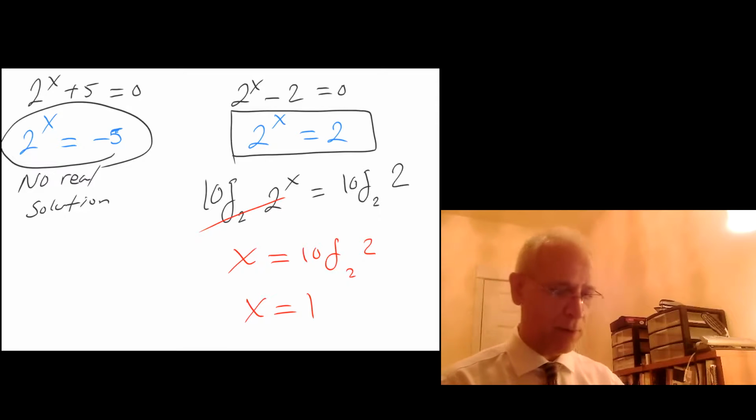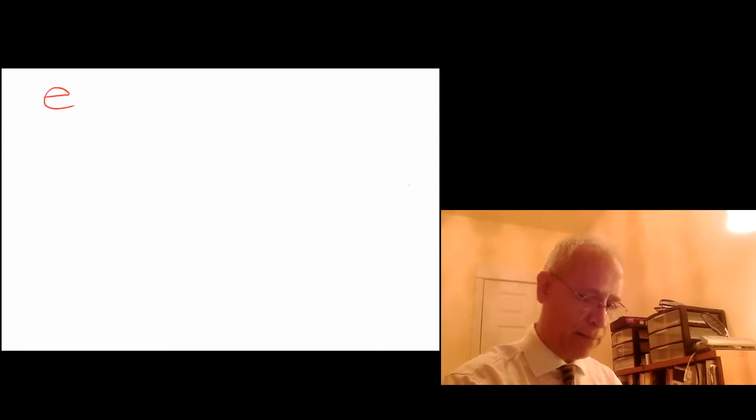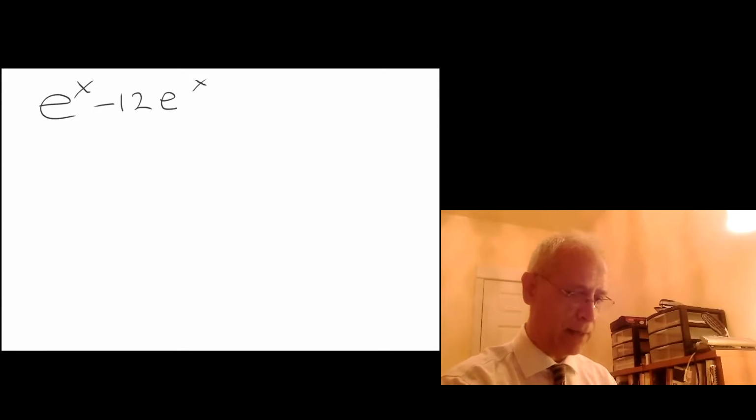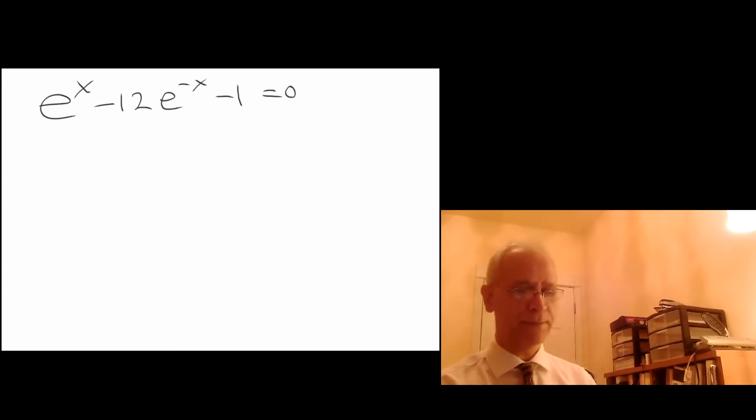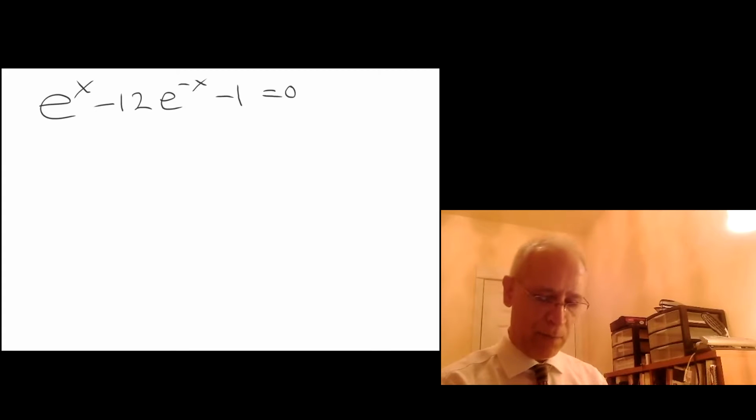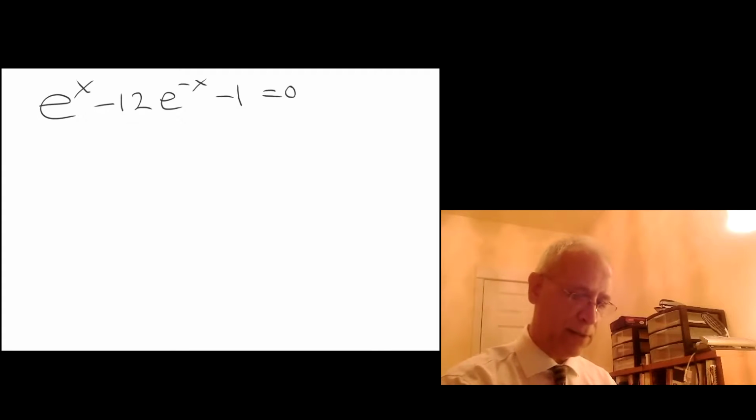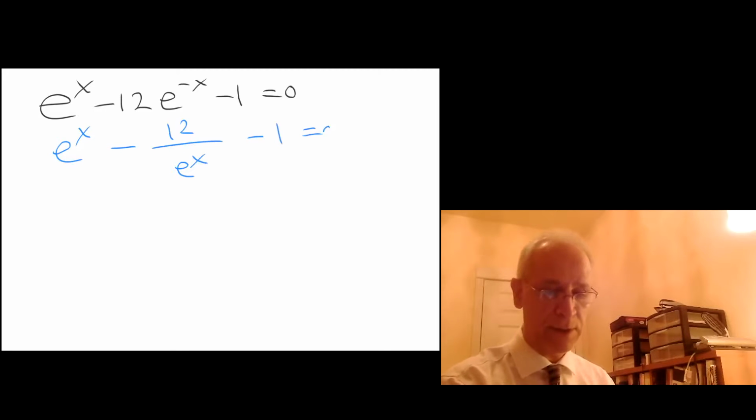Let's do one more similar to this. Suppose I have e to the power of x minus 12 times e to the minus x minus 1 equals 0. So I'm going to remind myself that this is the same as e to the x minus 12 over e to the x minus 1 equals 0.